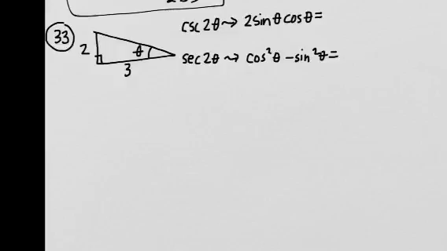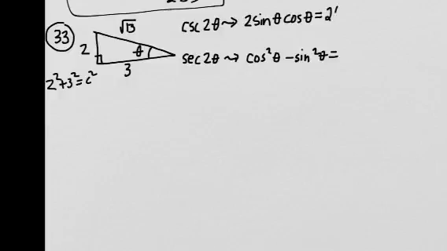Notice I did not put equal because they're not equal, they're reciprocals of each other. In order to find sine and cosine, we need the hypotenuse. If this side of the triangle is 2 and this is 3, we do 2 squared plus 3 squared equals c squared. That gives us 9 plus 4, 13. So the hypotenuse is square root of 13.